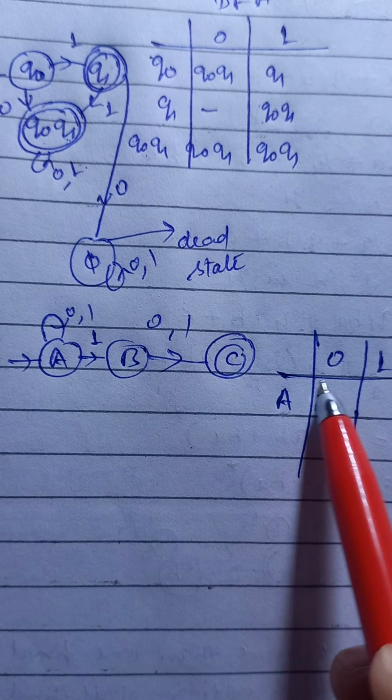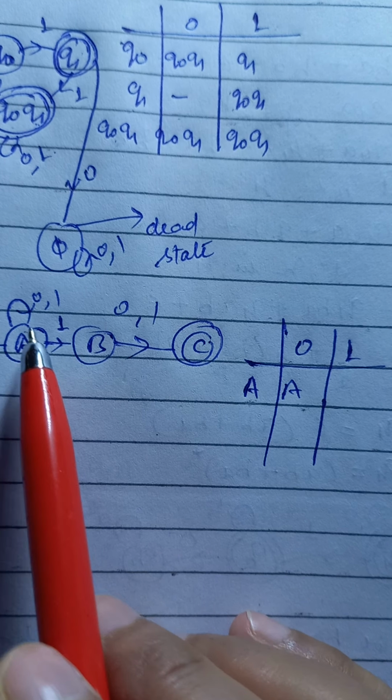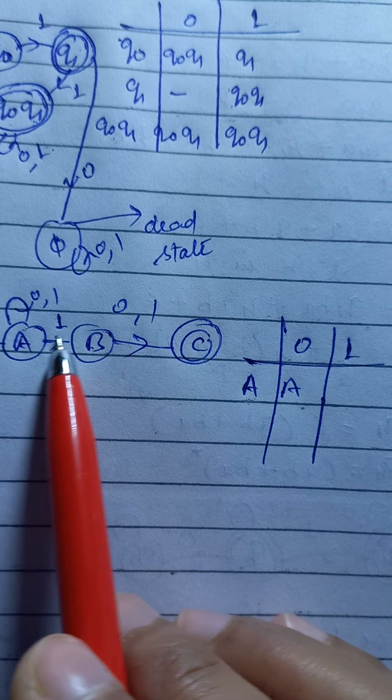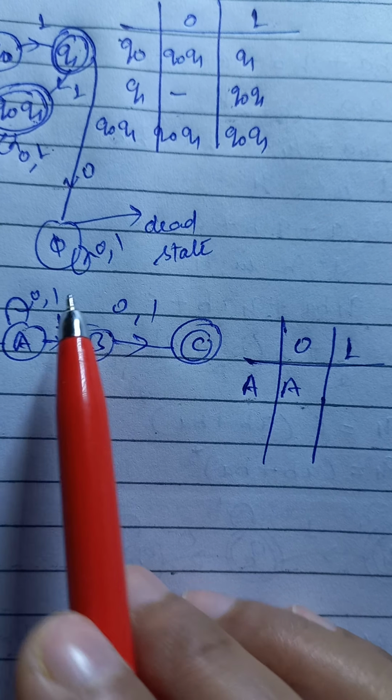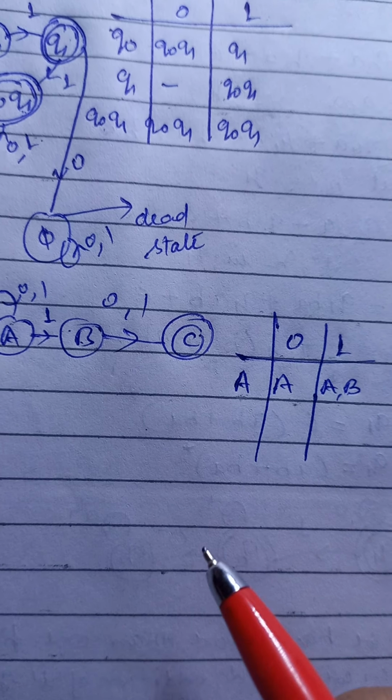And for 1, what will the transition be? A and B both, because from A it is heading towards A and heading towards B also. So for 1 transition, we will write AB.